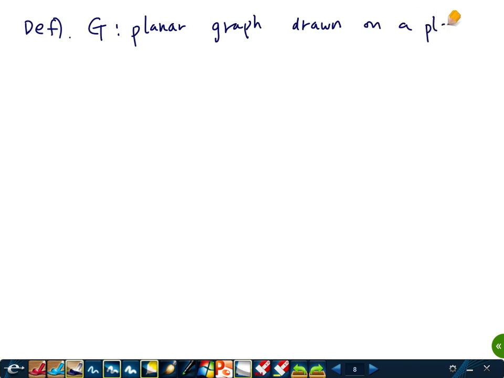Okay, so let me define the notion of the degree of a face. So let's say G is a planar graph drawn on a plane. We also consider it drawn properly, because it's a planar graph, we can draw this on a plane properly. Here, properly means without crossing edges.